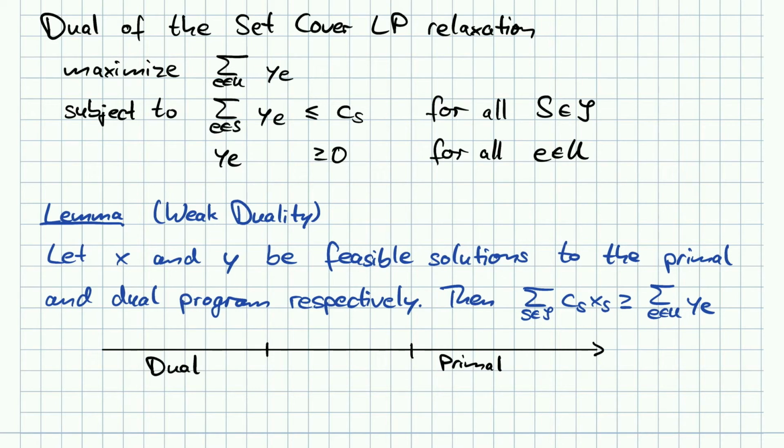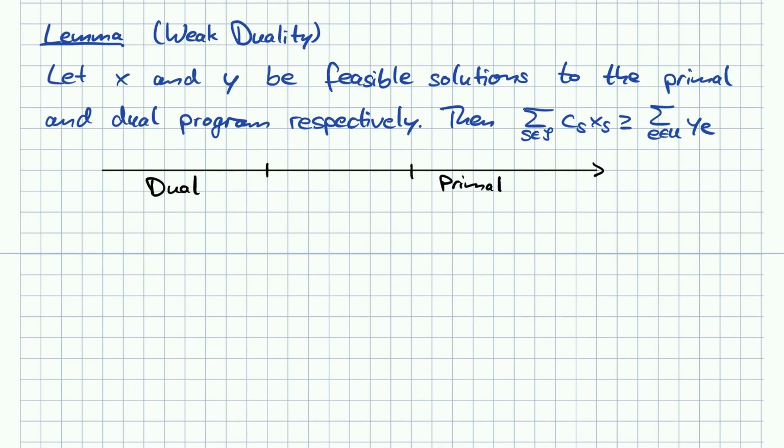Good, let's prove this. Weak duality. This is so insanely easy. I'm almost embarrassed to prove this here, but let's still do this. What do we have? Let's start here from the right hand side.